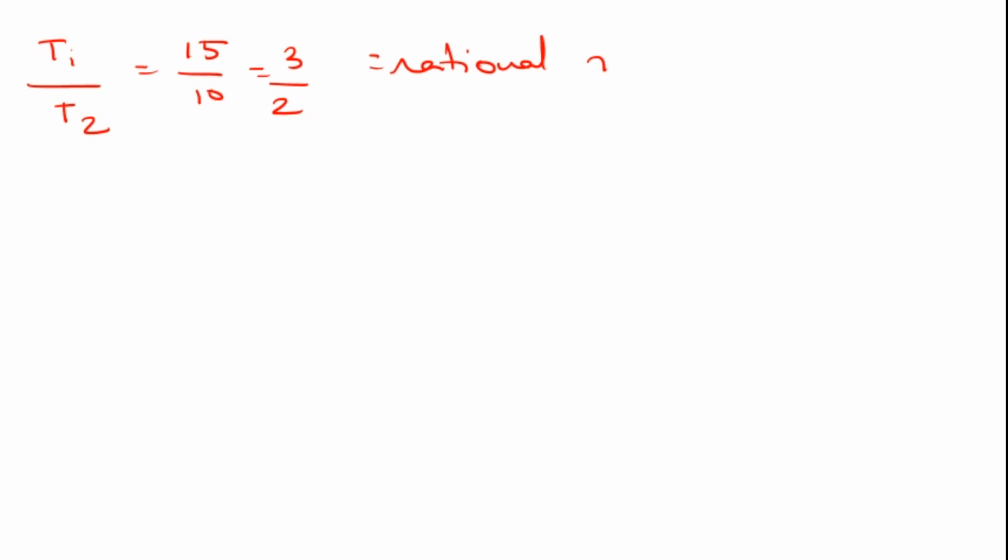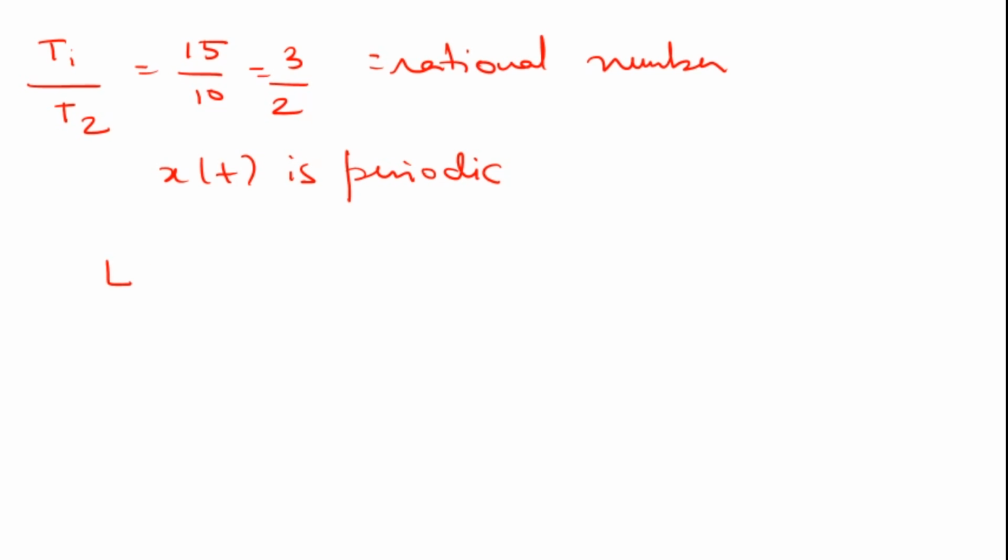Then T1 divided by T2 is equal to 15 by 10, which is equal to 3 by 2. This is a rational number. Hence, x of t is periodic.